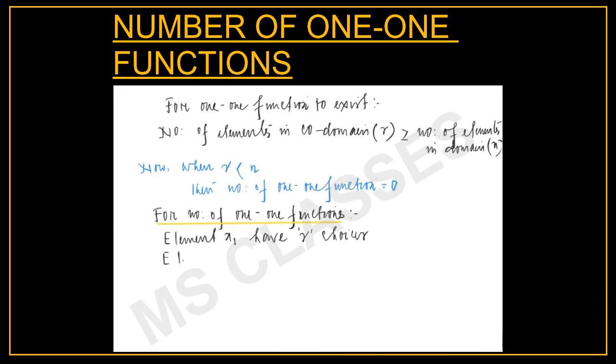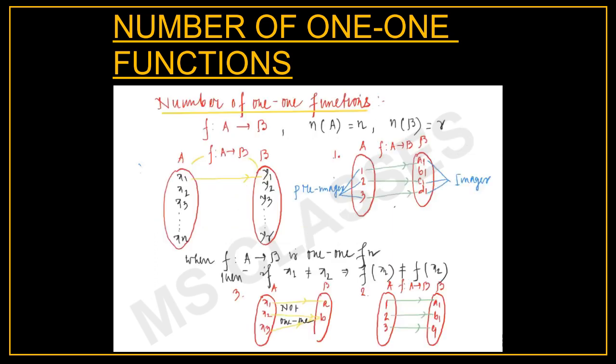Element x2 has R minus 1 choices. Why? Because suppose x1 has been mapped to y1, then x2 cannot be mapped to y1. So for x2, we have R minus 1 options. Suppose element x2 is mapped to any other element y3. Now for x3, we will have R minus 2 options, because x3 cannot be mapped to y1 or y3.